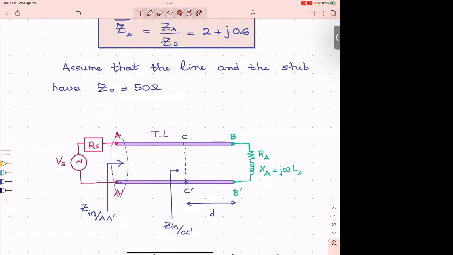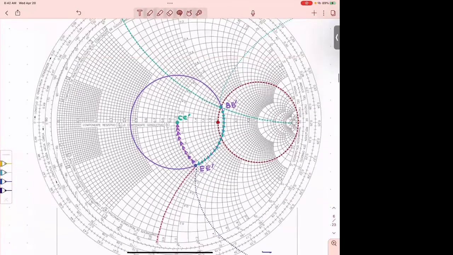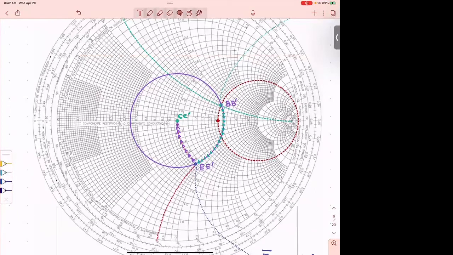It's easy on a transmission line, but on the Smith chart, it's not that easy. I cannot go from here to there. You cannot move like this on the Smith chart, along the radius direction.